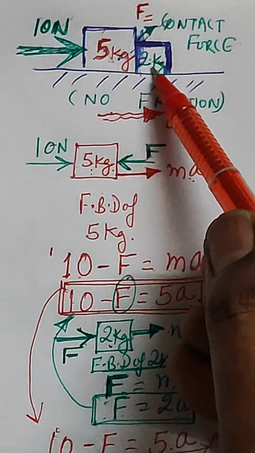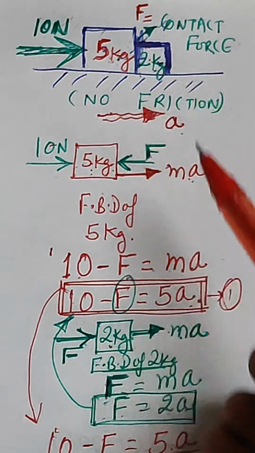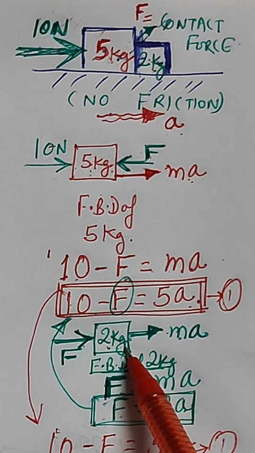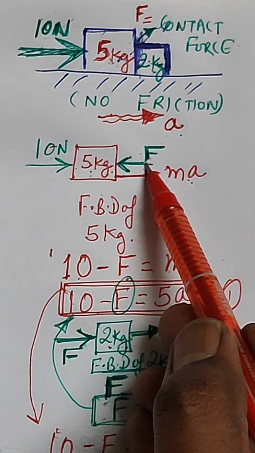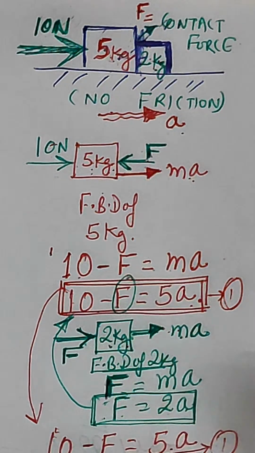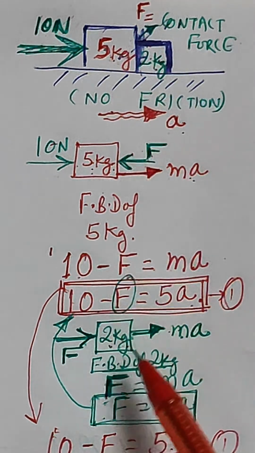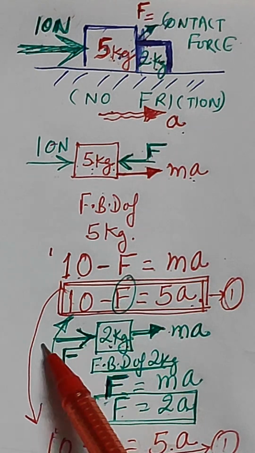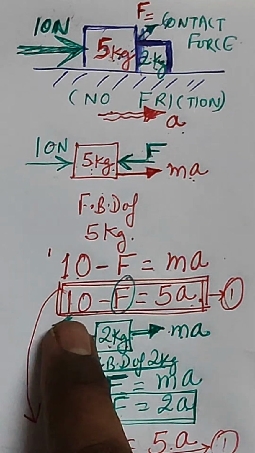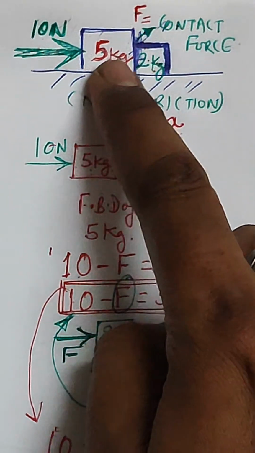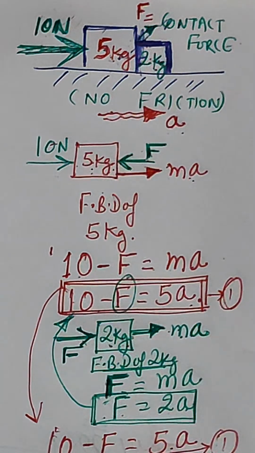Now again we draw the free body diagram of the second body, that is 2 kg. And here, as I said, the contact forces will be acting in the opposite direction. So here this contact force will be acting from the left, because the 5 kg mass is placed over here, you can see. So this will be applied to the right side.